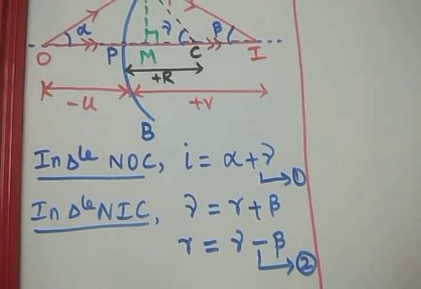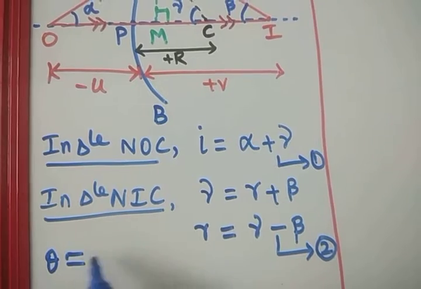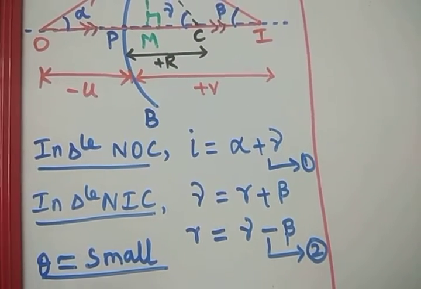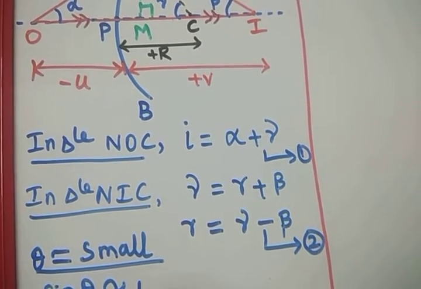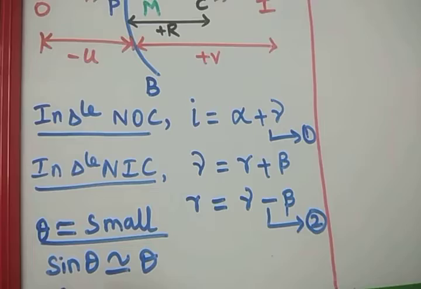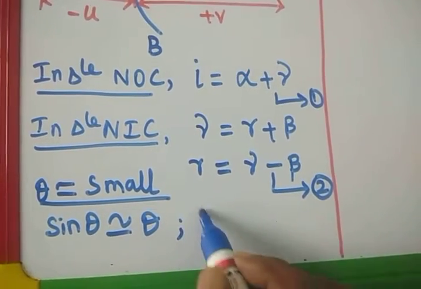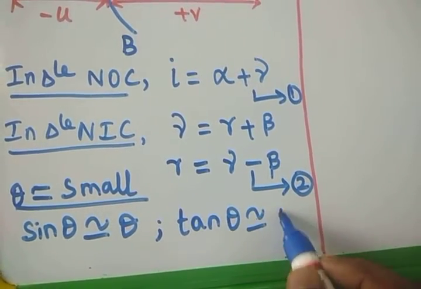Dear students, we already know that when the value of theta is very, very small, sine theta is approximately equal to theta, and tan theta is also approximately equal to theta.